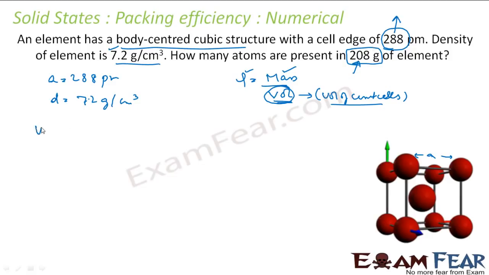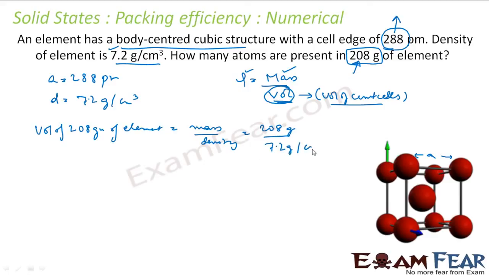So volume of 208 grams of element is equal to mass by density. Mass is what? 208 gram, and density is 7.2 gram per centimeter cube. Please note the units here.